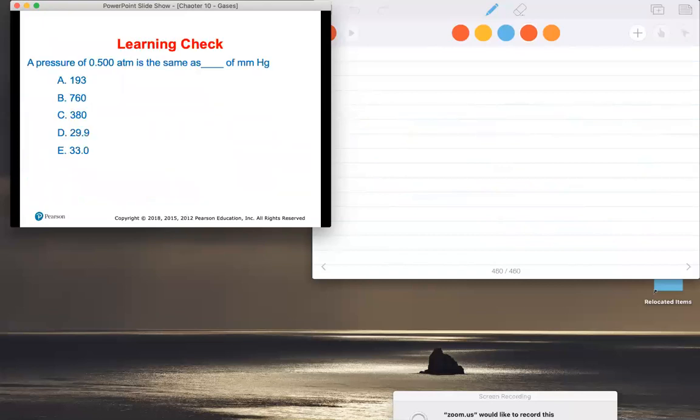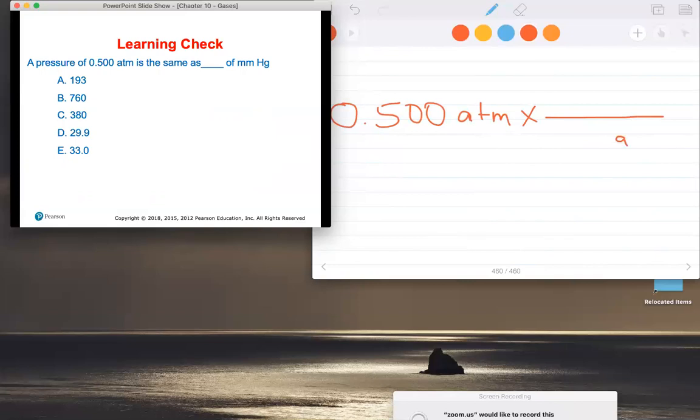For example, using dimensional analysis: 0.500 atmospheric pressure, and this is 3 significant figures, is the same as how many millimeters mercury? So you start with 0.500 atmosphere.